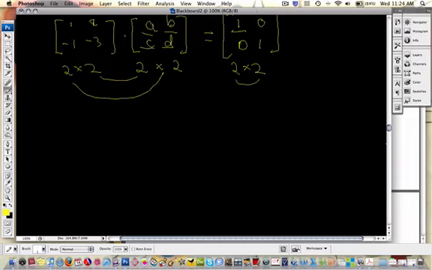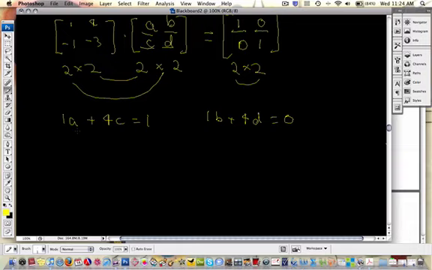And I can write that equation. 1 times A plus 4 times C equals 1. And then to get this 0, that's row 1, column 2, so I can do row 1 here times column 2 there. 1 times B plus 4 times D, and that should equal 0.